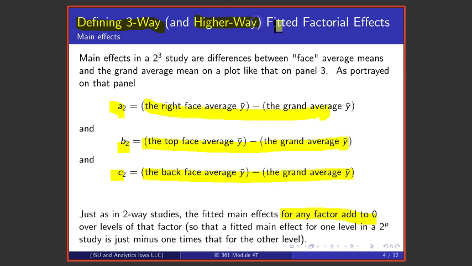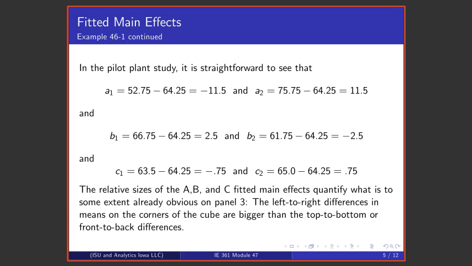If I had not three factors but four factors, A2 would be the average y bar for all combinations where A is at its second or high level minus the grand average y bar, and so on. So all of these ideas extend beyond three-way to higher-way factorials with 2 levels each.